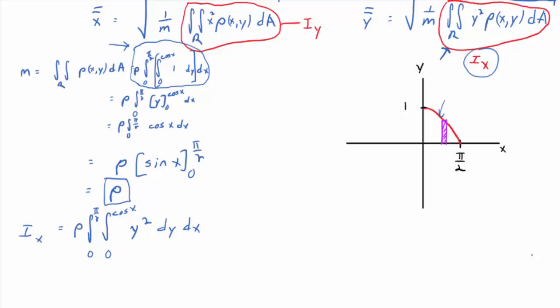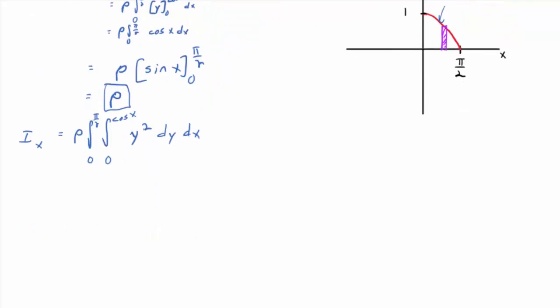So we need to try to evaluate that integral. Let's see what happens. When we integrate y squared with respect to y, we get 1/3 y cubed. I'm going to bring the denominator of 3 out front.